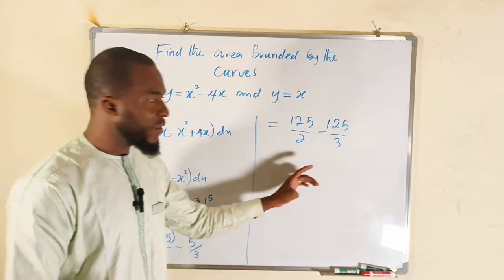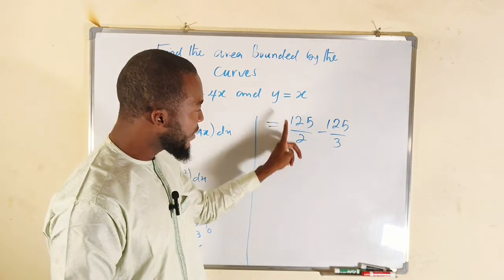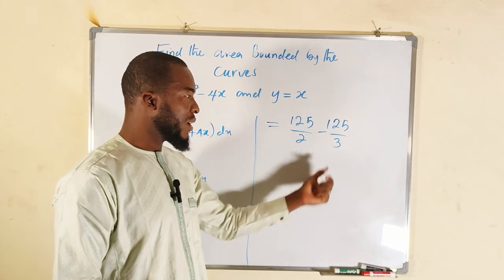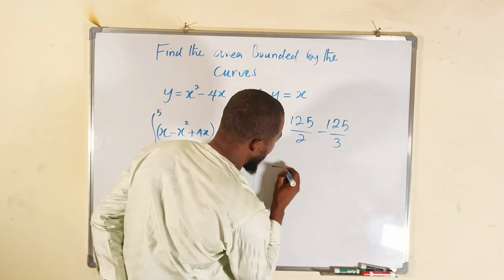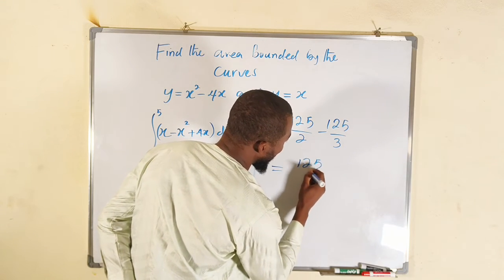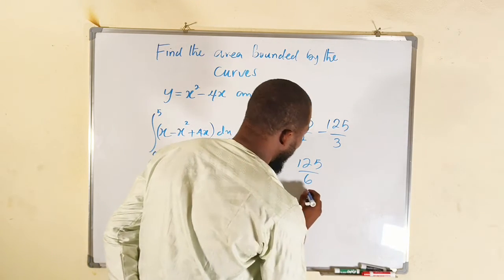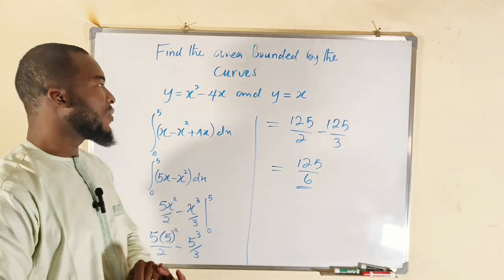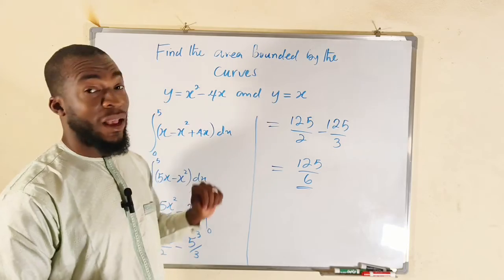And once you simplify this, you take this, you multiply by this, you take this, you multiply by this, you subtract, then you divide by 2 times 3, which is 6. This will give us 125 divided by 6. And hence, this is said to be the area bounded by the curves x squared minus 4x and the line y equal to x.